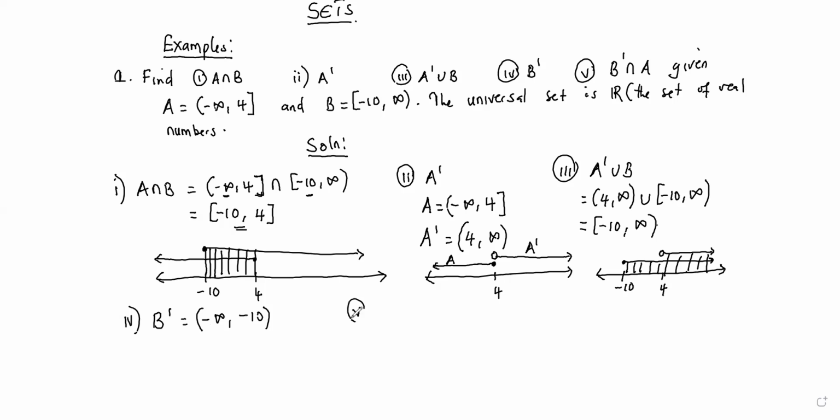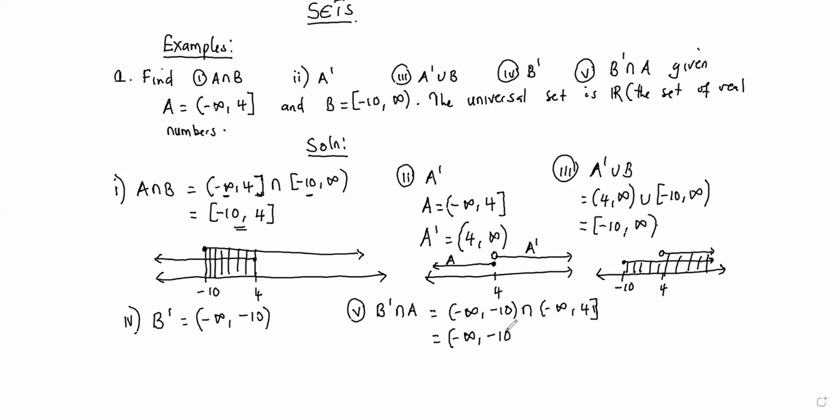And then part 5, B complement intersection A. Let's see, B complement is negative infinity to negative 10, intersection A, which is from negative infinity to positive 4. So here we have negative infinity all the way up to negative 10.